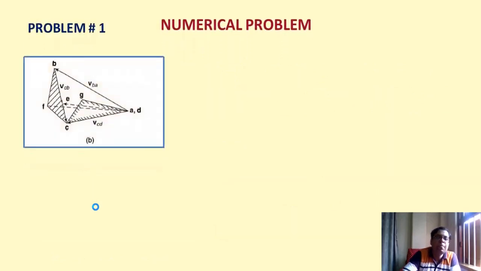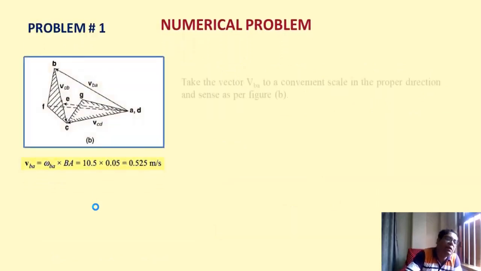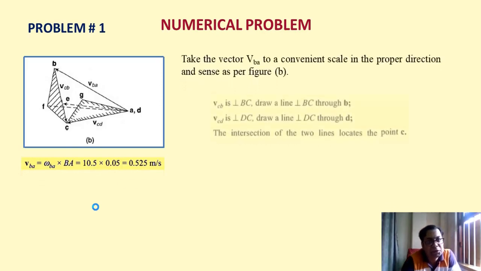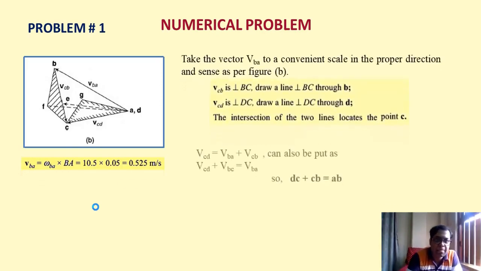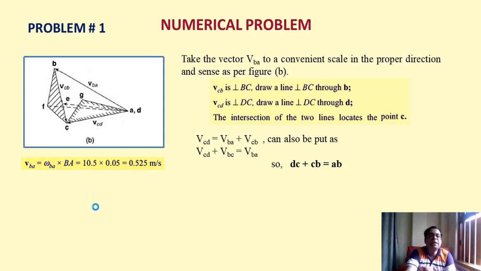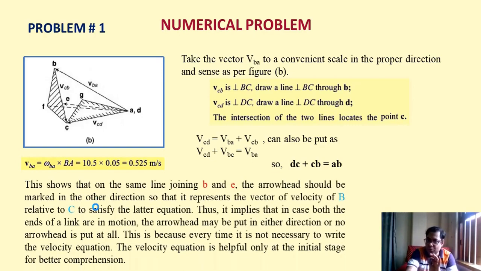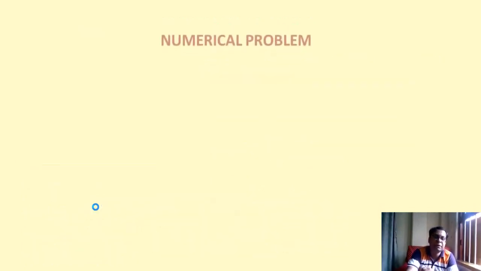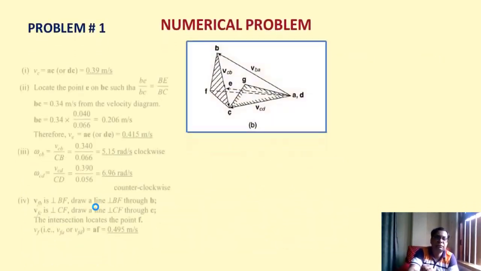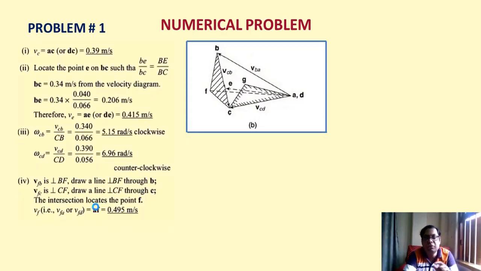So first of all, we can draw the velocity diagram, just like this. Then how the velocities are analyzed, that I have also shown over here. It is also very simple. And then we have to find out the exact value of the velocity components simply by solving by this method.